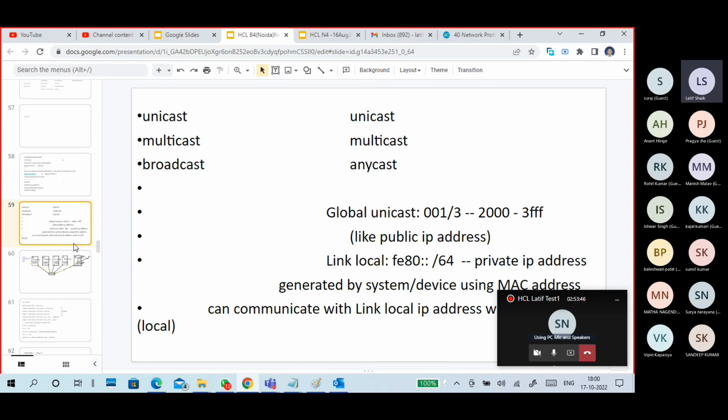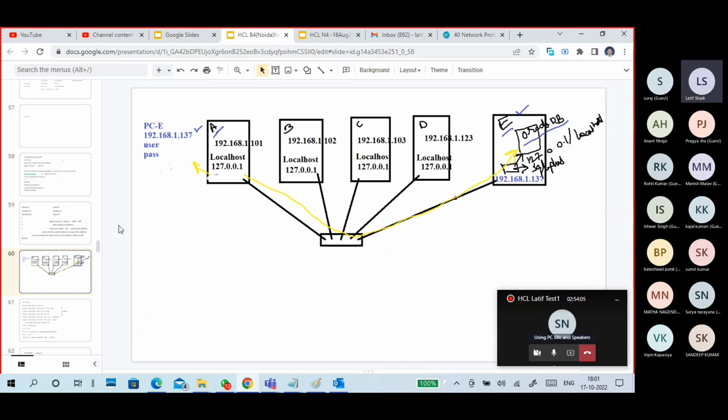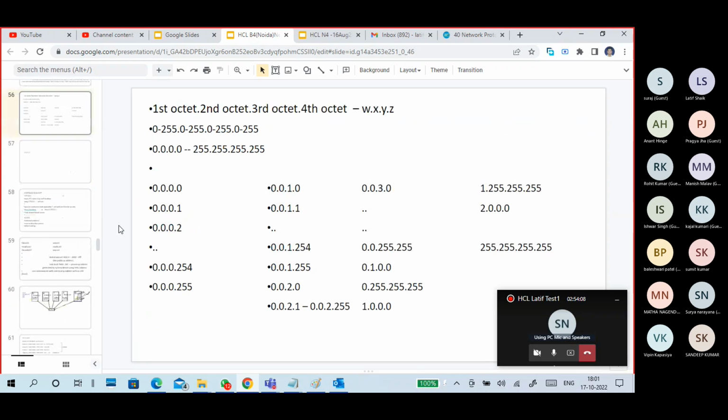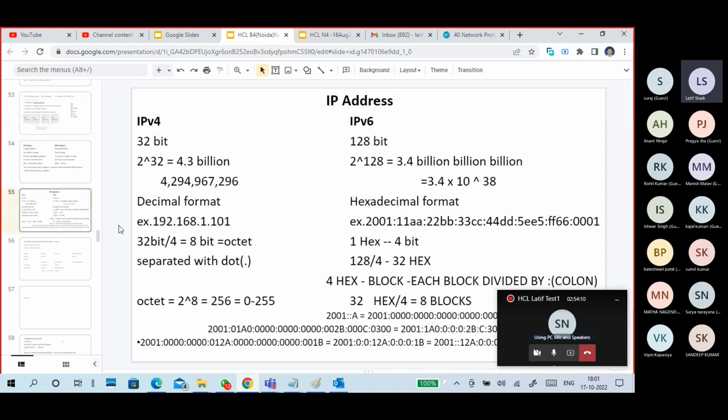Okay, first of all, I will tell all about IPv4, then I will go to IPv6. Then I will tell the classes and subnet mask also. At least the main part will be completed. In IPv4, we have unicast addressing, multicast addressing, and broadcast type of communication is also there. We'll finish IPv6 now.